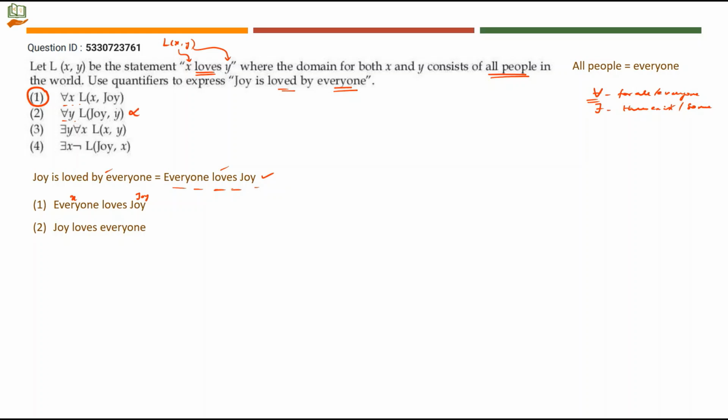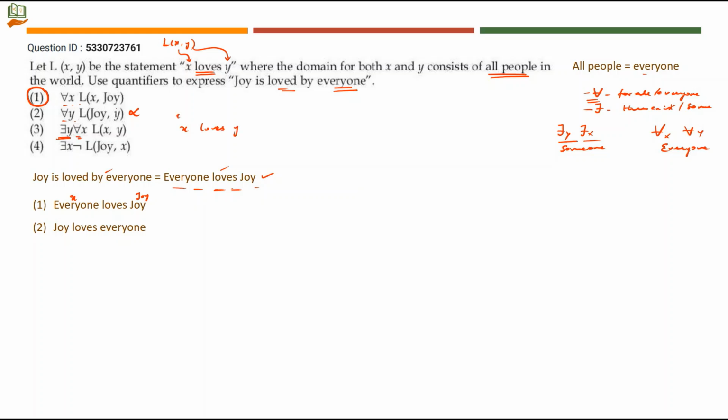What about the third one? We are involving y as well as x. This is the existential quantifier and this is the universal quantifier. When we use the existential quantifier, it goes to someone instead of everyone. So when you have these symbols, this will denote someone. When you have this symbol or this symbol, it will denote everyone. Now we have x comma y, x loves y.